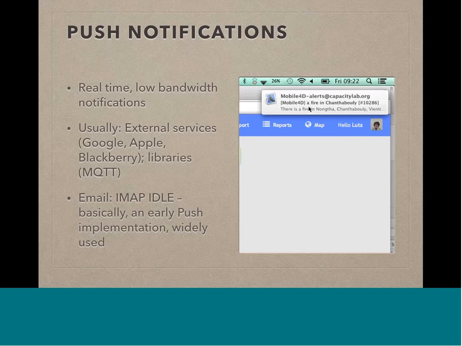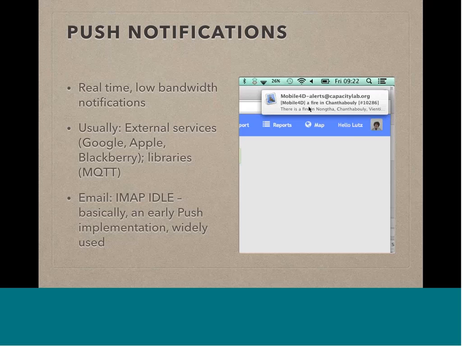There is a constant connection that is open, but there is very, very few data flowing over this connection. It's just enough data to keep it alive for a large period of time. That's almost nothing. So you have very low bandwidth consumption, and also the notification itself does not cost too much bandwidth.